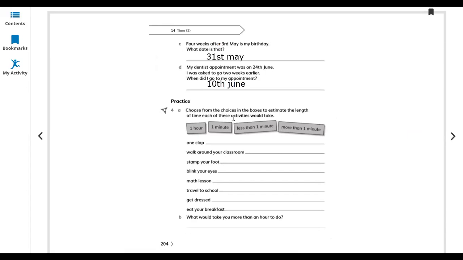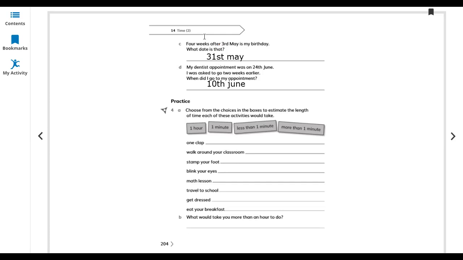Choose from the choices in the boxes to estimate the length of time each of these activities would take. 1 hour, 1 minute, less than 1 minute.